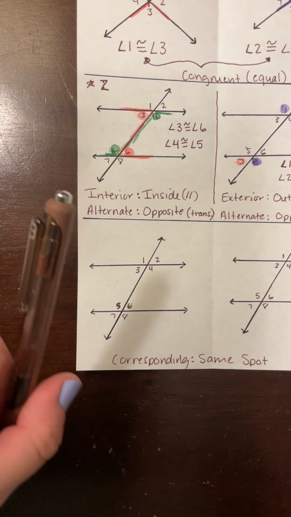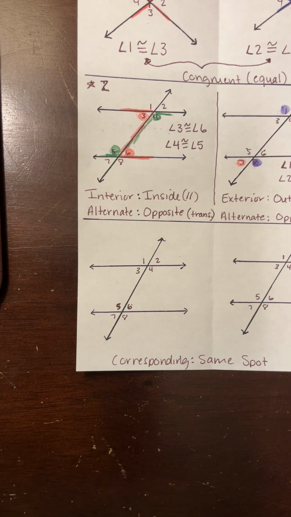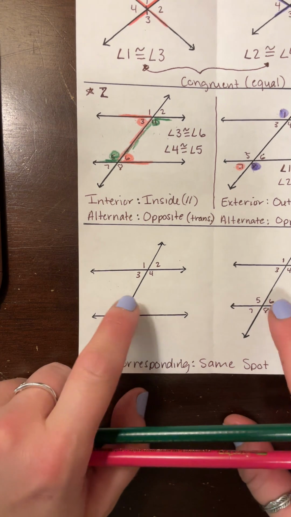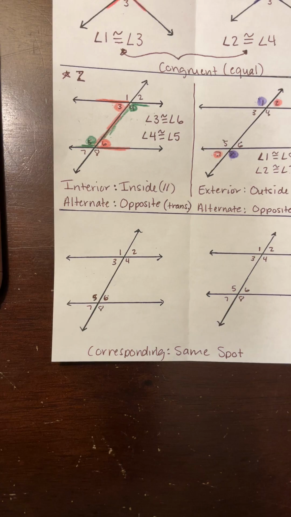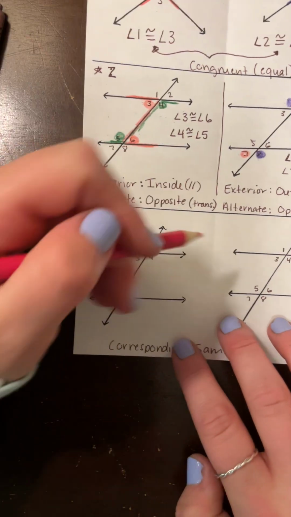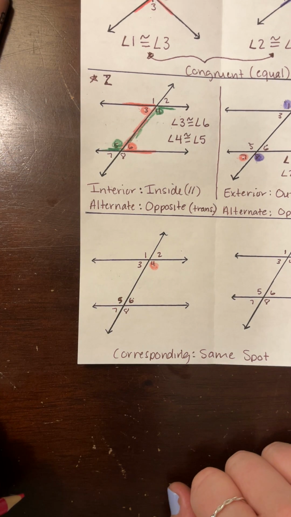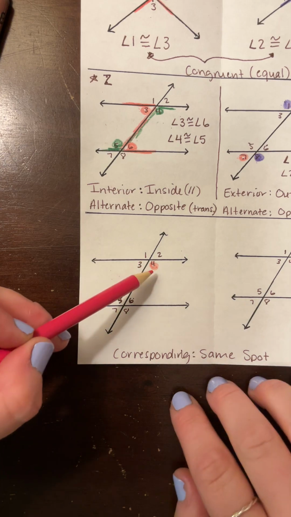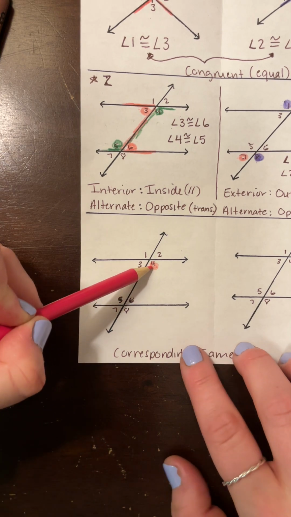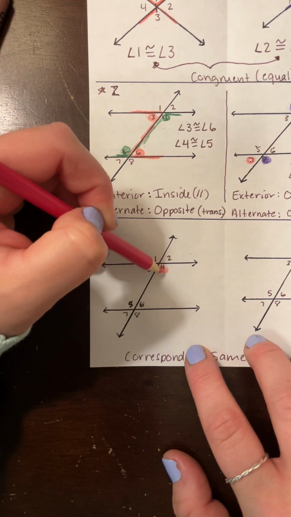All right, so if we're looking at this, there are a lot of places where we can see corresponding angles. That's why I put two sets of parallel lines here, because I don't want to overlap it and overload it too much. So the first one I want you to look at, because it's the easiest one to see, is go ahead and mark angle 4. Compared to this parallel line, it's below it.